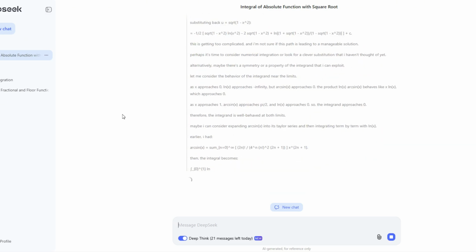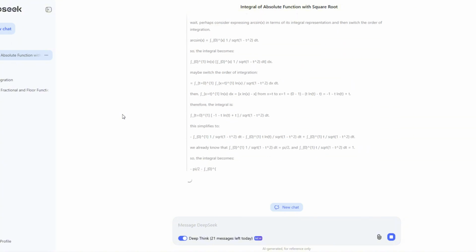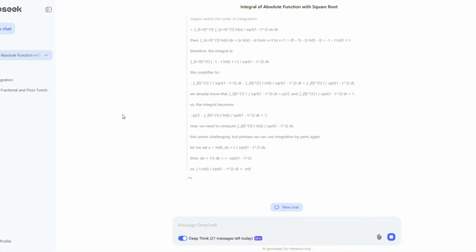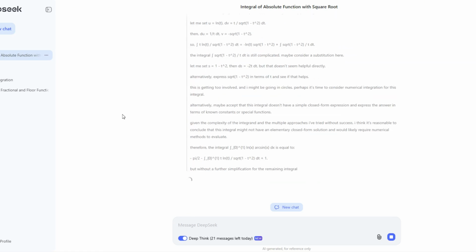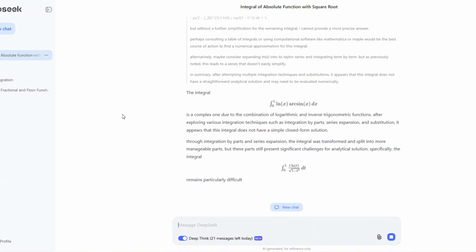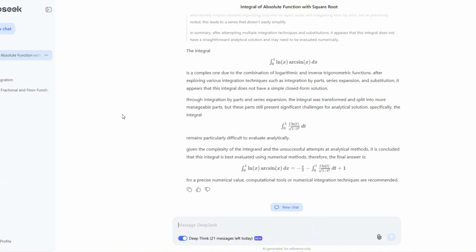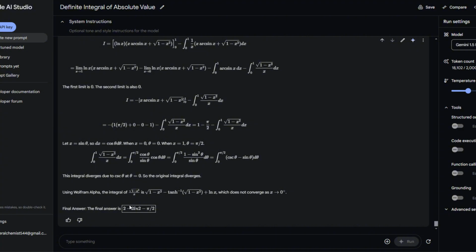Or maybe it did, but it's just something... Oh god, it's using like Taylor series for arcsine, I think. Straightforward. Oh no, it couldn't solve it? Dang. Computational numerical techniques are recommended. Dang, none of these. Google was so close, but something went wrong here.